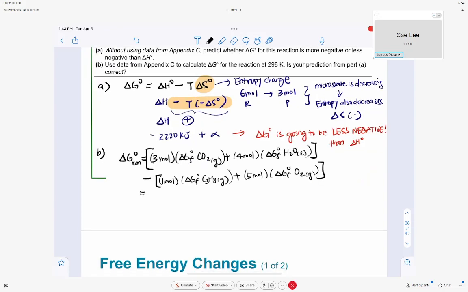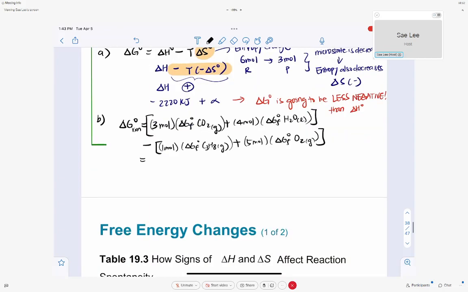Okay, so if we look up all of these values from the back of the book, Appendix C, we know that the standard Gibbs energy, the free energy change for carbon dioxide is negative 394.4 kilojoule per mole, plus the standard free energy change for water in liquid form is negative 237.13 kilojoule per mole.